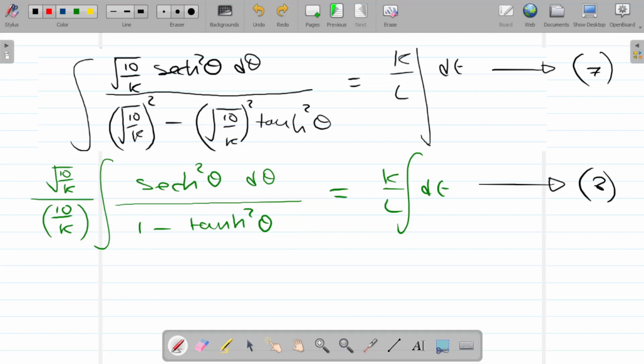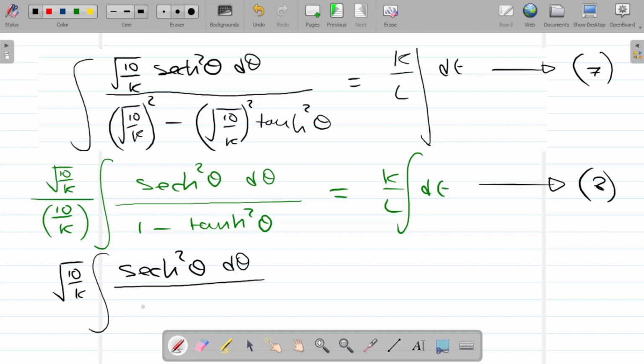So if we rewrite equation 8, we can multiply, first of all, both sides by 10 over k, leaving on the left-hand side the root of 10 over k times sec squared theta d theta, all divided by sec squared theta, and that's equal to 10 over k times k over L, right?